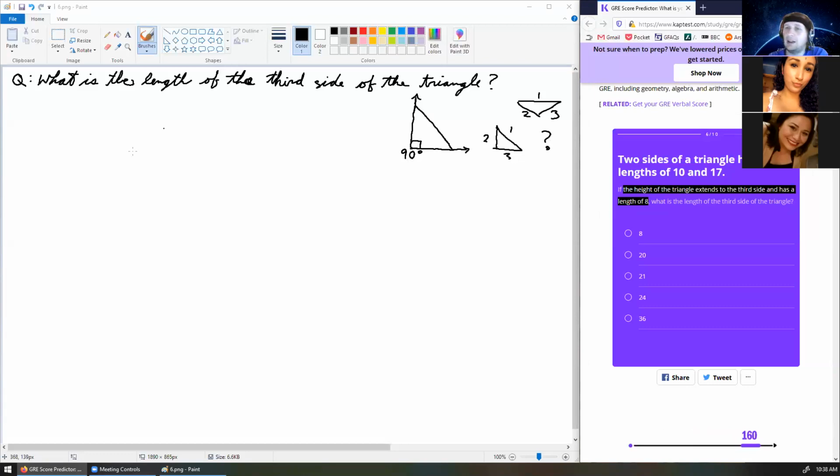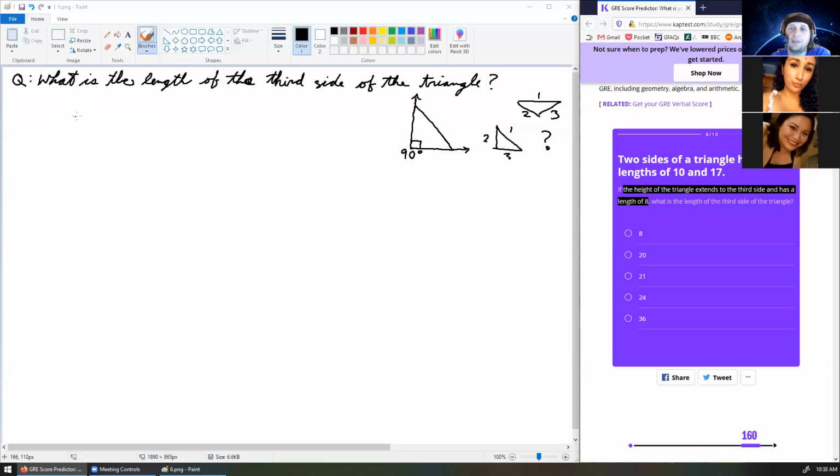It's saying that two sides of the triangle we know, and we don't know the third side, but the height extends into it. So that's telling us that the height goes up and down. Right. Okay.